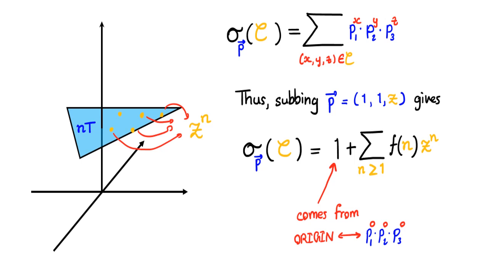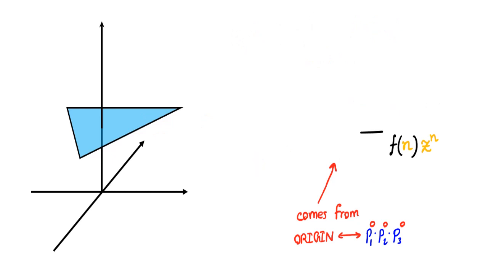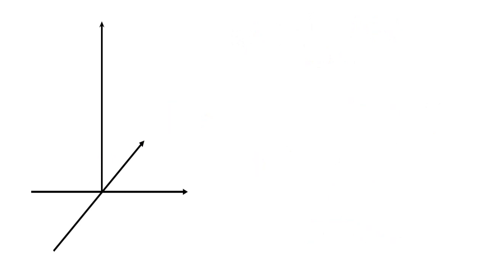Also, from this perspective, we should just take f of 0 to be 1 just to make things easier to write. Okay, and with that, our second step is complete. So, on to the third step, which is to find this sigma in another way so that we can equate the coefficients and find f of n explicitly.